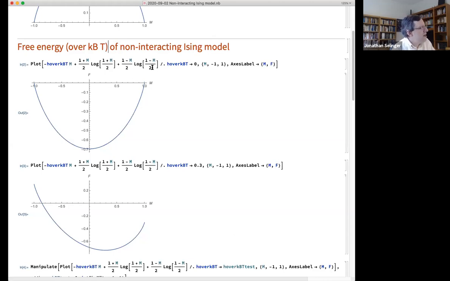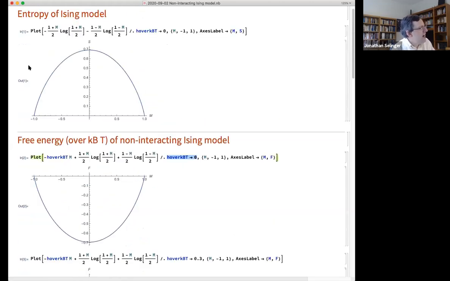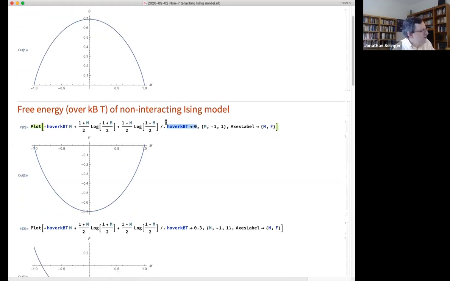In this particular plot, this is with the magnetic field equal to 0. So this plot is just the negative of this one. This is showing us that when the magnetic field is equal to 0, the state with the lowest free energy is right here with m equals 0, because that has the biggest entropy, so it's the lowest free energy.